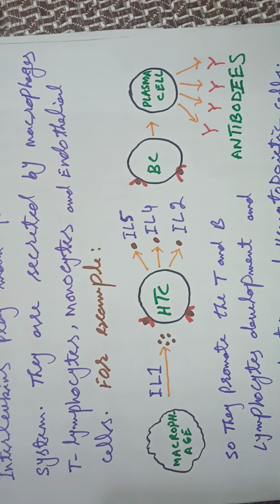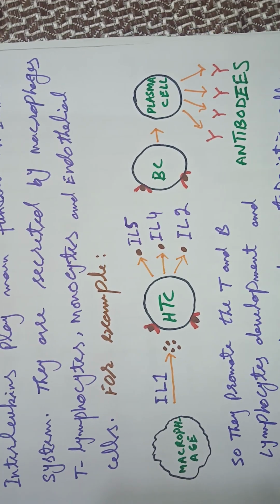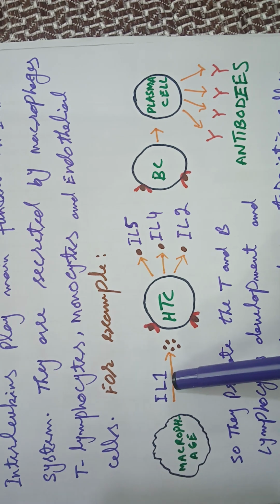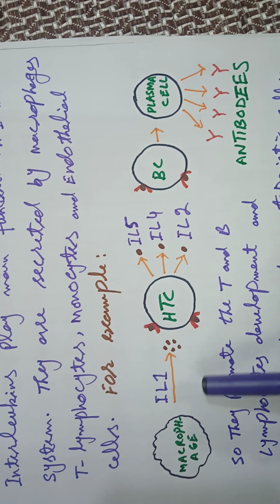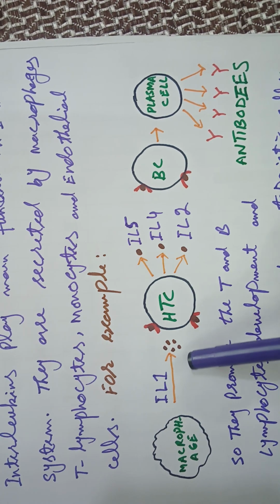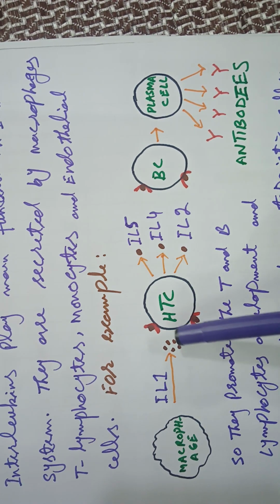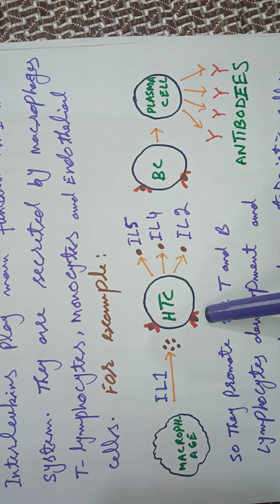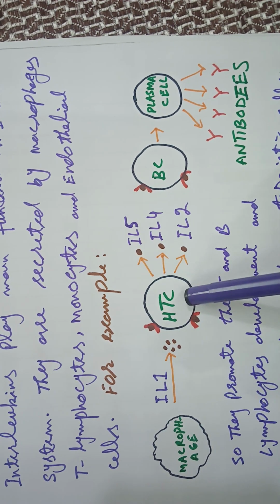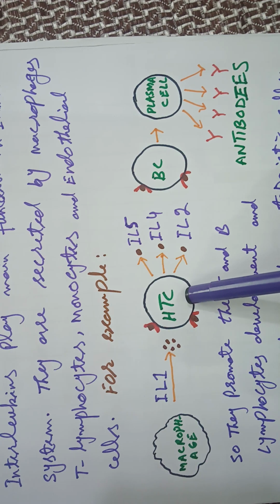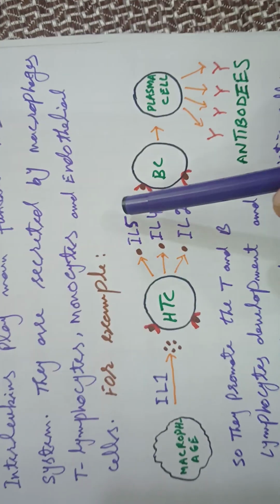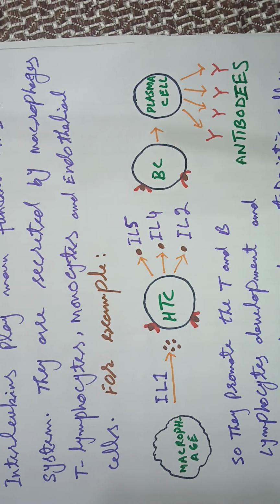For example, in this diagram, macrophages secrete interleukin 1. Then interleukin 1 acts on the helper T cells through its receptors. So the helper T cells are activated and secrete interleukin 2, interleukin 4 and interleukin 5.